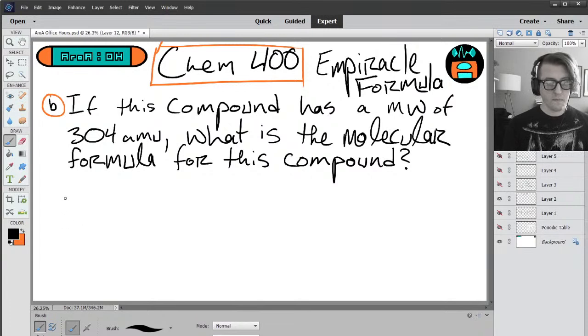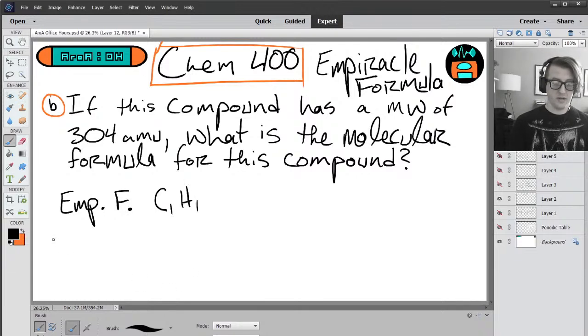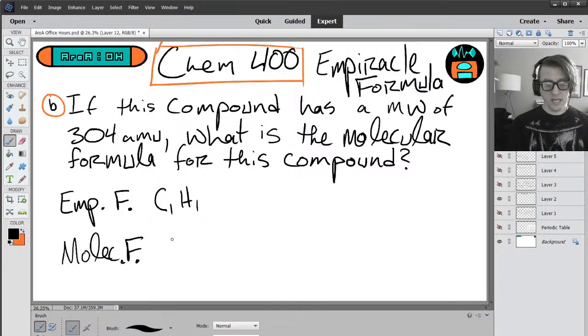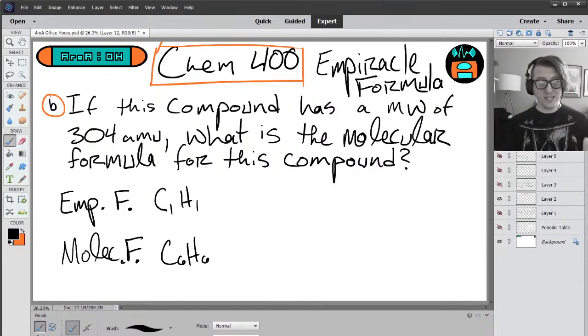So, for example, if your empirical formula is C1H1 and the molecular formula is C6H6, the difference between the empirical formula and the molecular formula is a factor of 6, right?